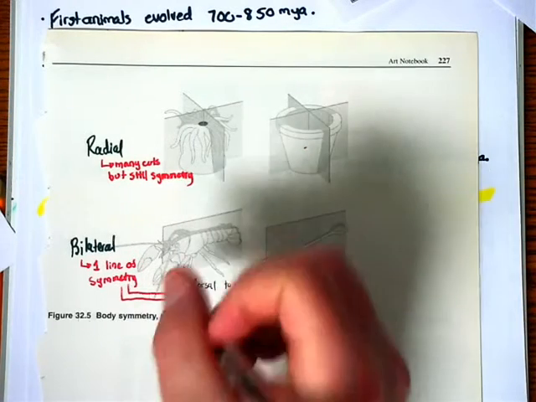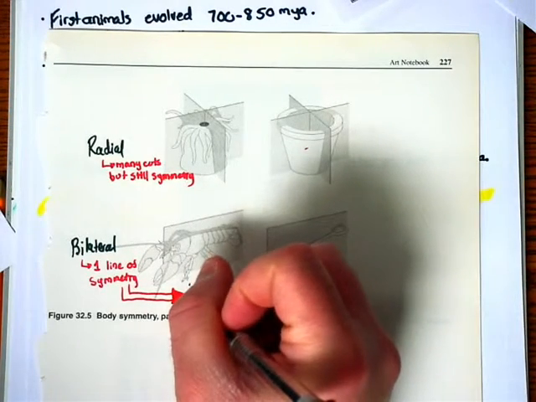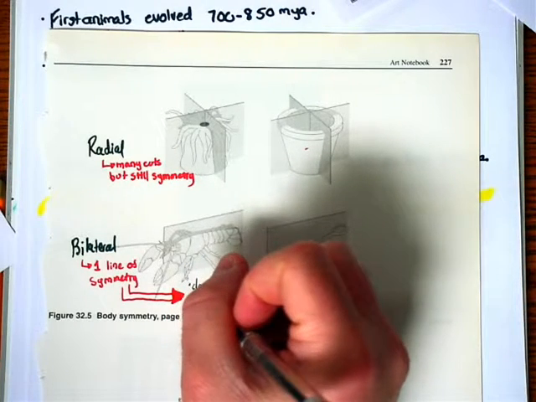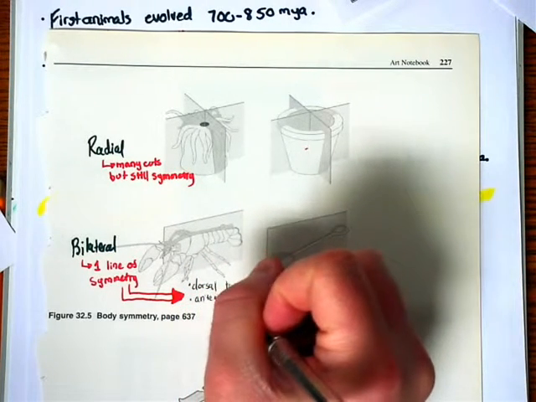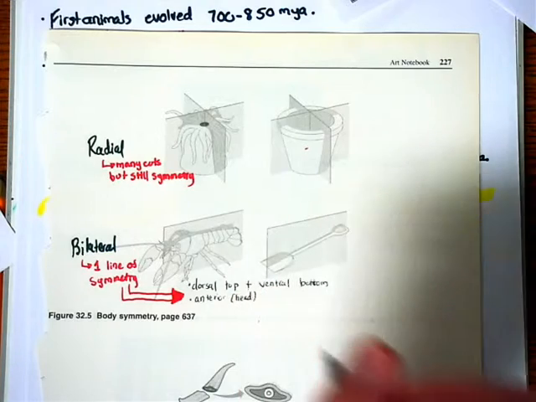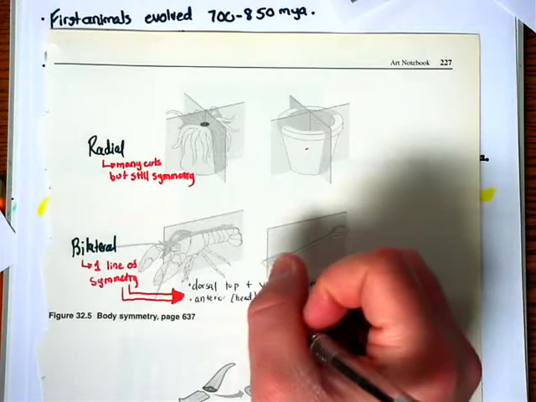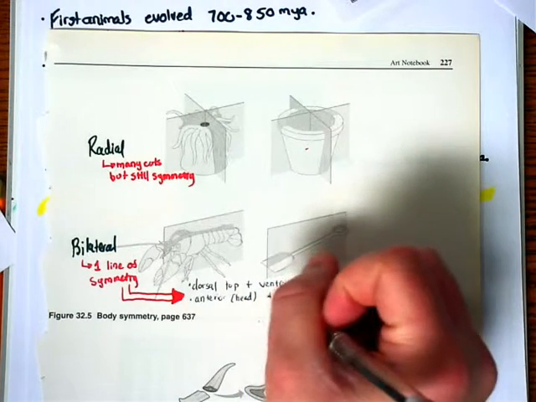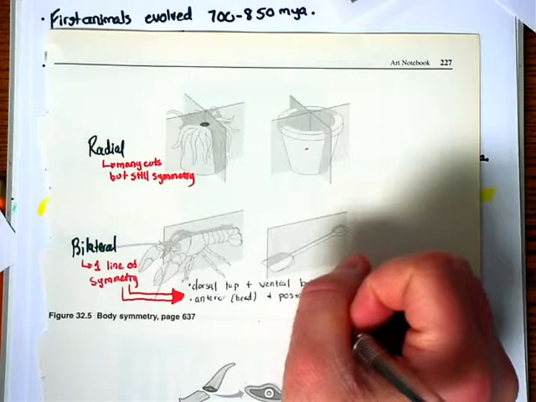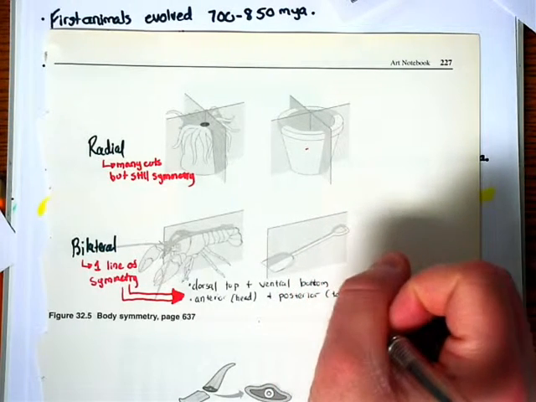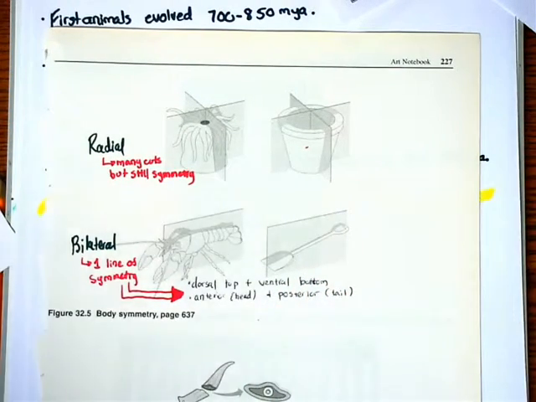Of course, there's a right and left. I'm not going to write that down. There would be an anterior, which refers to the head, and a posterior, which would be more tail. You have to think of an organism that's on all fours.